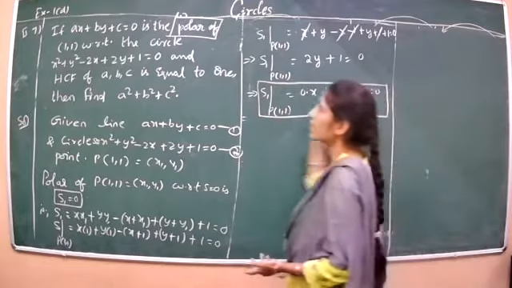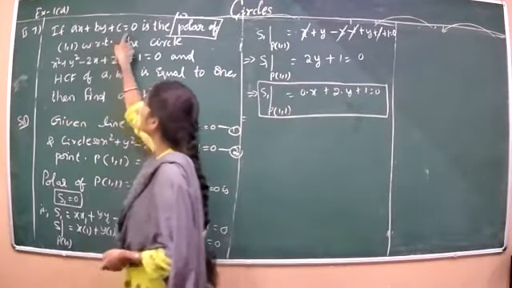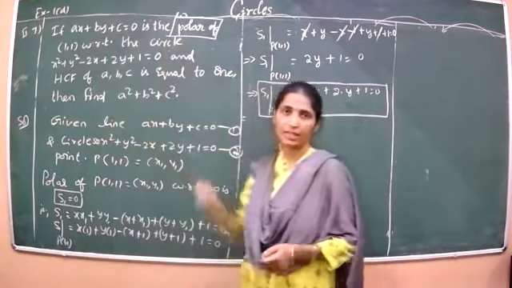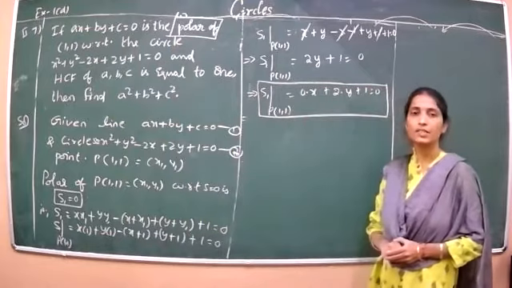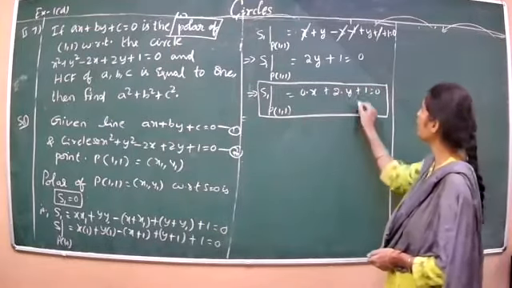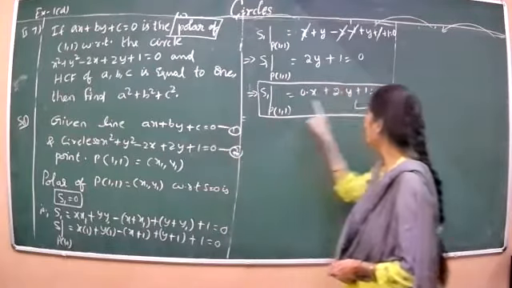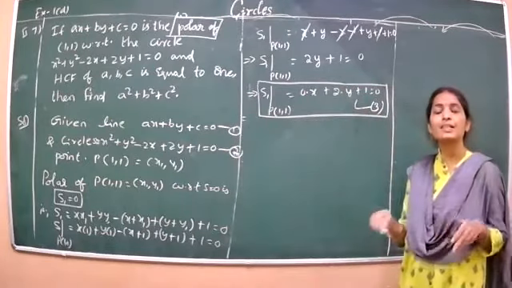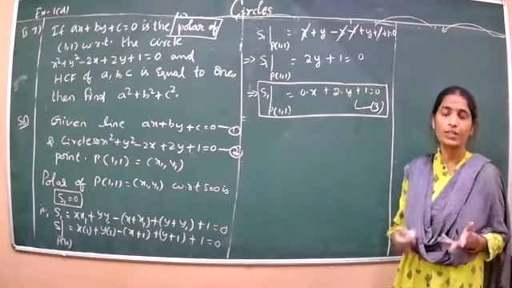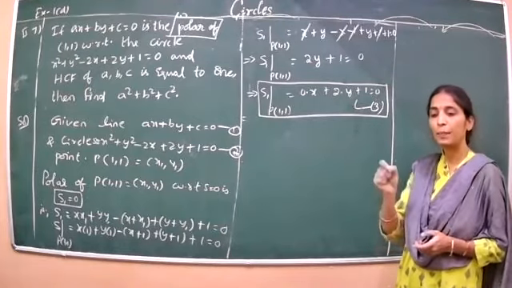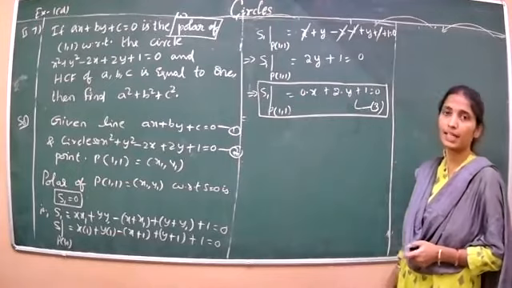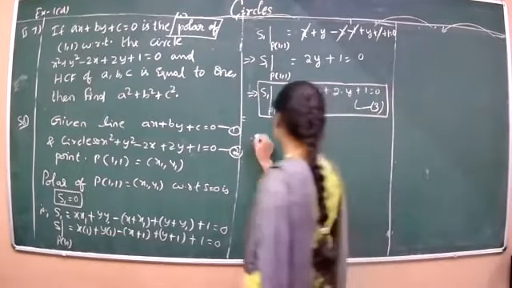In the question, it is given that ax plus by plus c equal to 0 is the polar of P with respect to the circle S equal to 0. So what do we infer, children? If this is equation 3, equation 1 and equation 3 represent the same line. What is the line? The line which is the polar of P with respect to the circle S equal to 0.